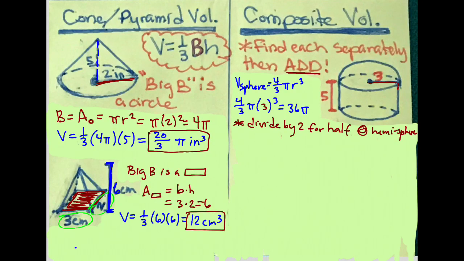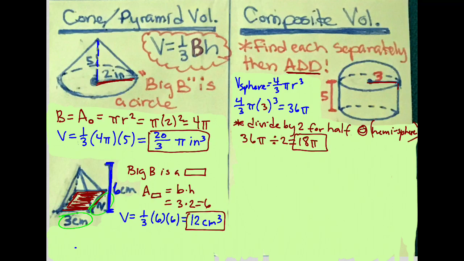Alright, so make sure you include that as a note. So to do that, we're doing 36 pi divided by 2. That's going to equal 18 pi. So our hemisphere volume is 18 pi. We're going to need that.